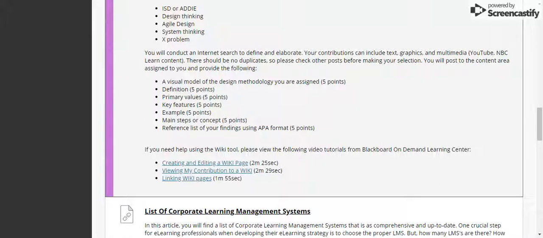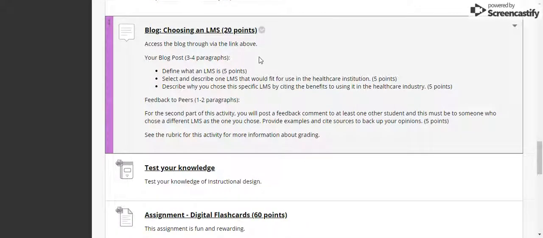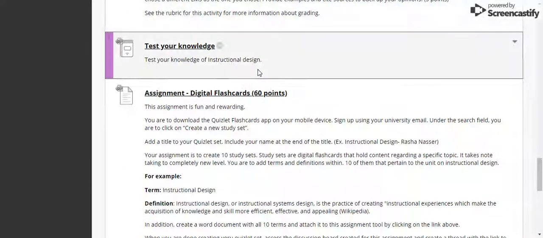So I think this is the way I had them reduce the cheating. I also want them to choose an LMS, define it, and describe why they think it would fit a healthcare institution. This is also a reflection portion of the assignment, which cannot be plagiarized because they come up with it by themselves.